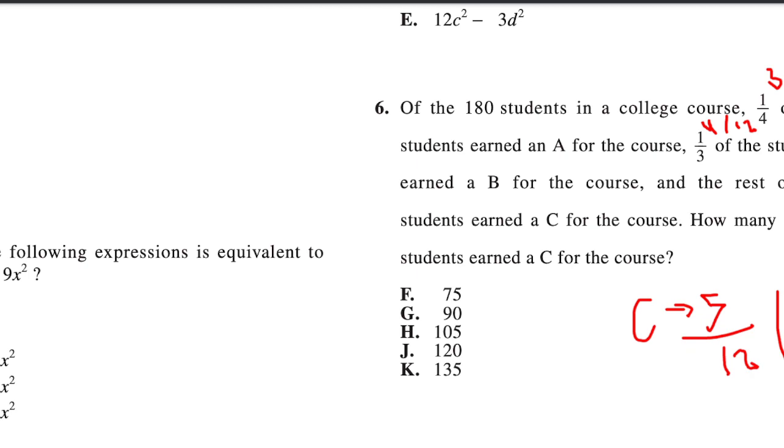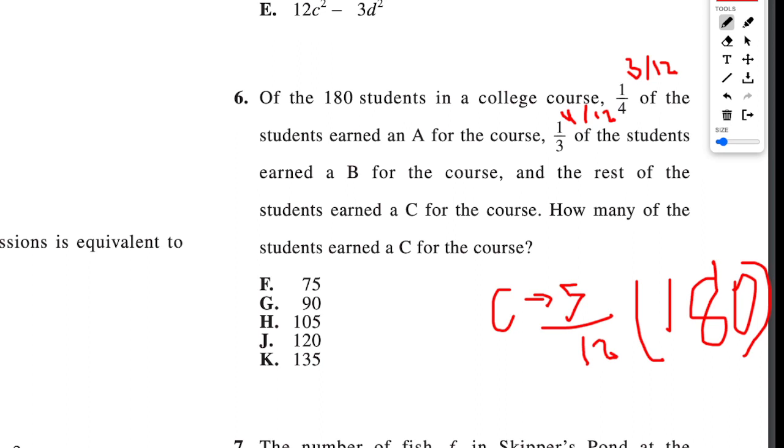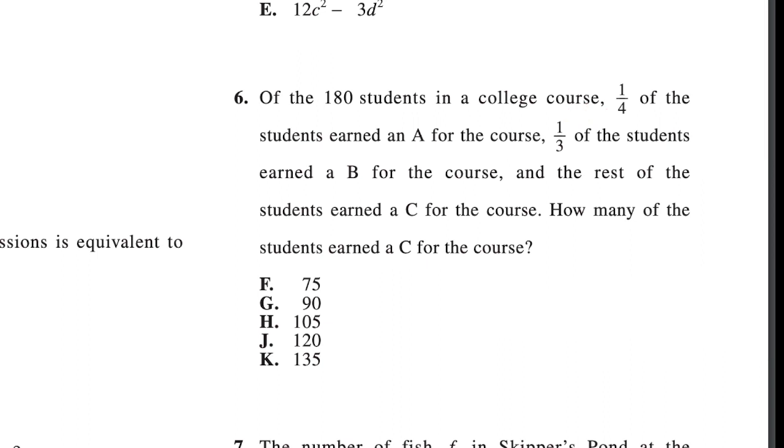Okay. So, yeah, there it is. Let's take a look at that. So 5/12 times 180, that is what, 75. 75. Indeed. 75. F.